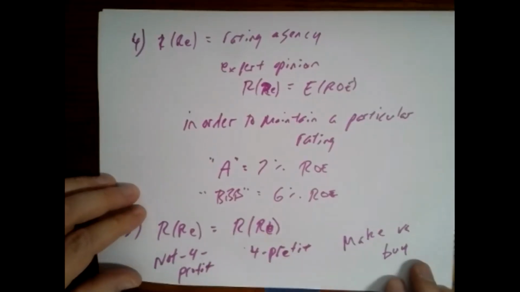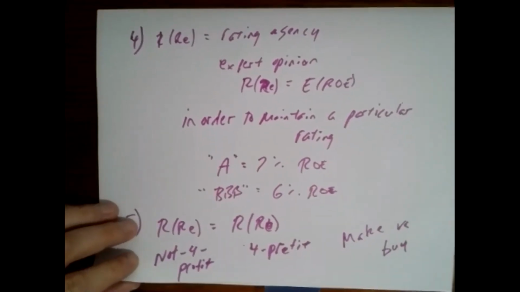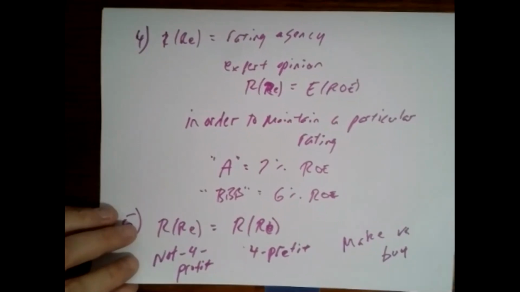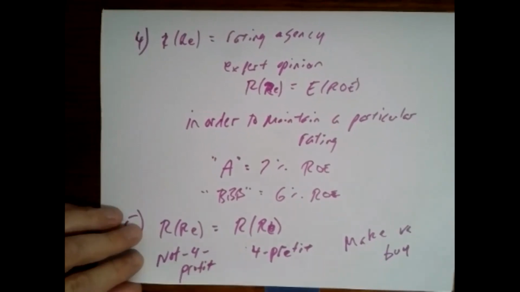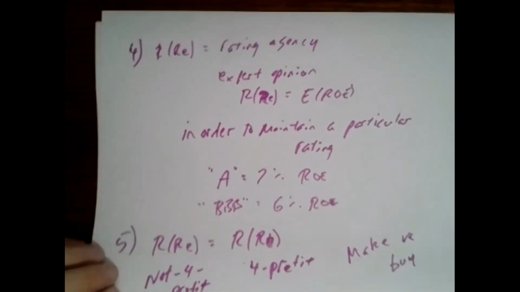So you could look at the required rate of return on a similar for-profit entity and say, okay, that should be the rate that we use to evaluate our rate of return. All right. So all those are in the text. You can read about that in more detail.